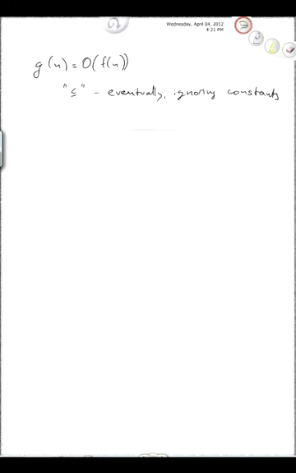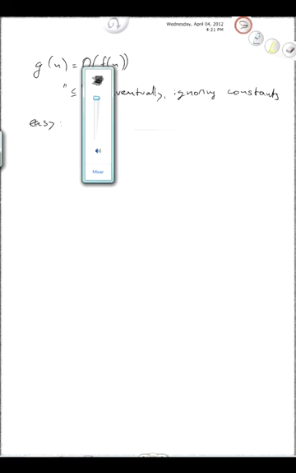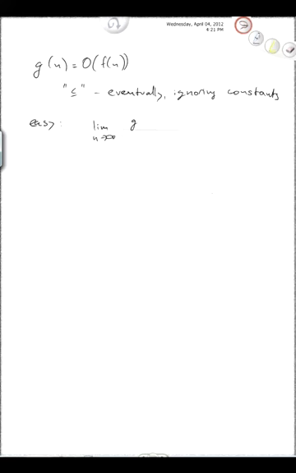So in addition to just this intuitive understanding, let's write down some mathematical definitions for this. So here's an easy definition, which is you just take a look at the limit as n goes to infinity of g of n over f of n, and that has to equal some constant that's less than infinity.